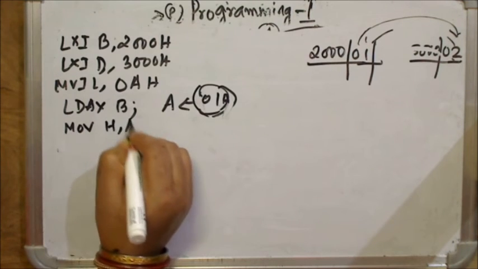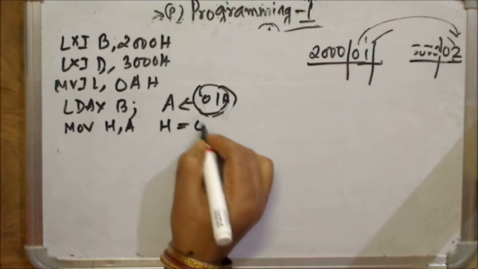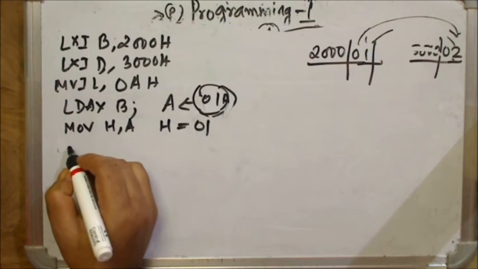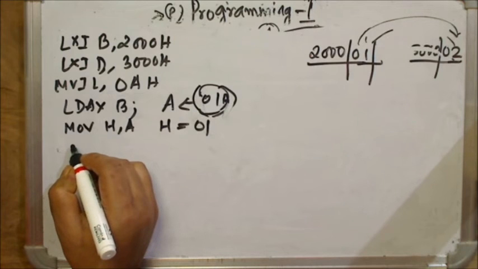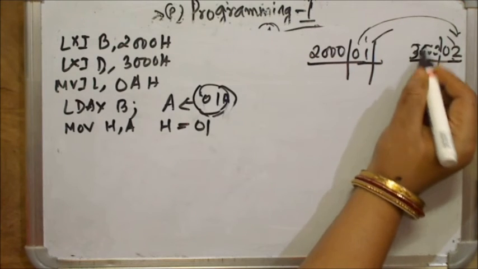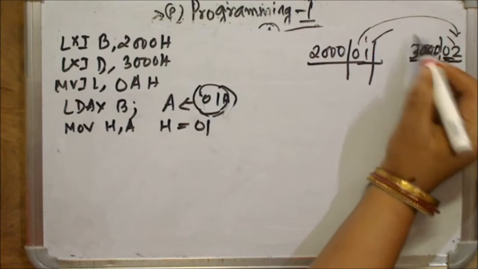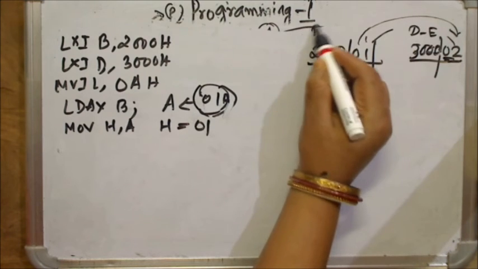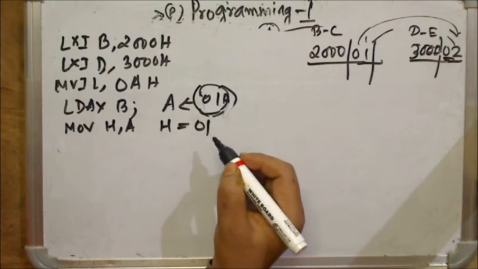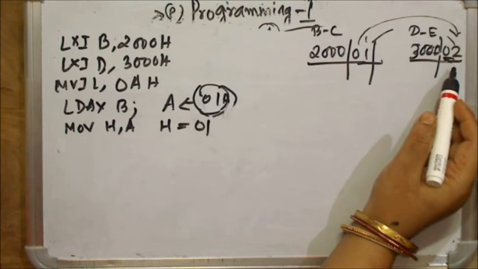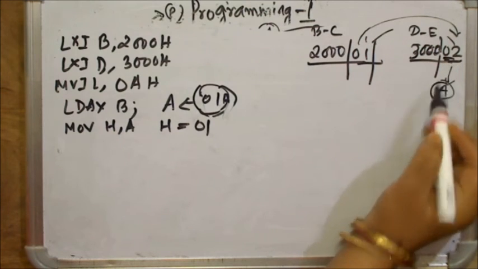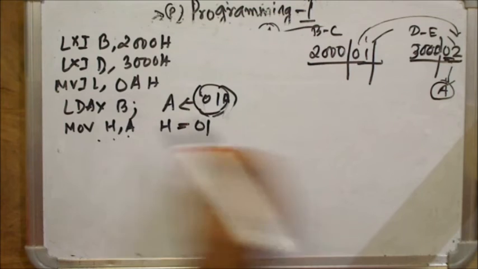MOV H, A. So H will be holding now 01. Fine. Then take the second data pointed by DE pair into A. This is DE pair. This is BC pair. So take this data into A, because A is now free, because we have loaded the data into H.